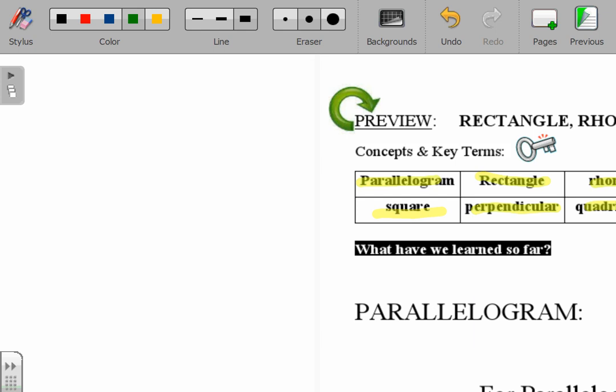Opposite angles are congruent. The consecutive angles, of course, those are the angles next to each other, are supplementary. And last, these diagonals cut each other in half. That is the essential definition. In other words, it's a midpoint going both ways.